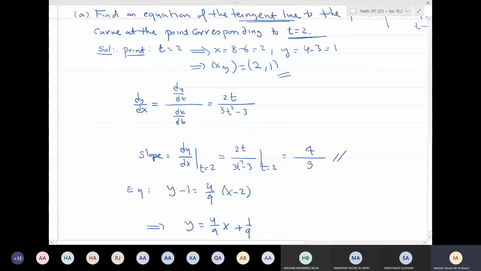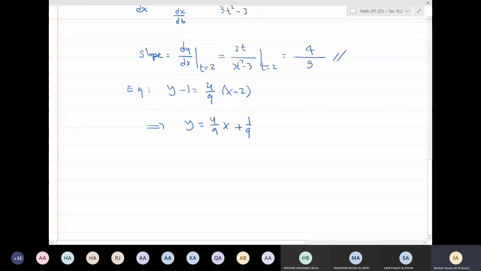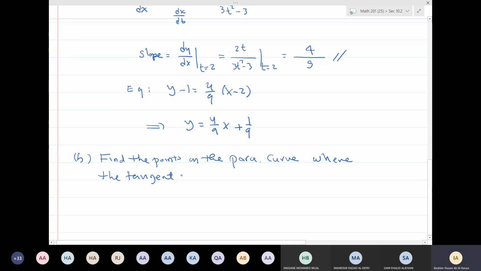This is part A. Now part B: find the points on the parametric curve where the tangent line is horizontal.